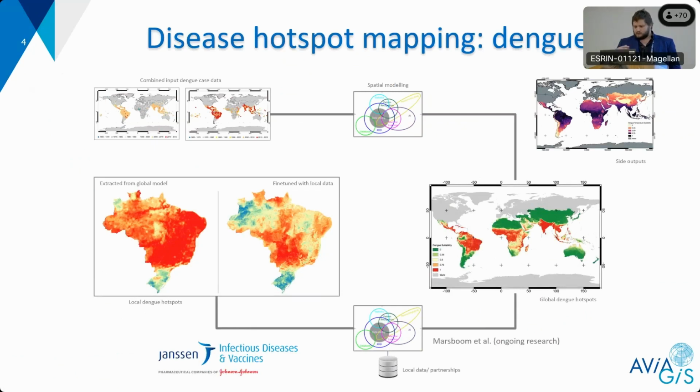We can do this at different scales, and that's where the spatial resolution of Earth observation becomes very important. You want to make sure that the resolution of your Earth observation matches your data. So if you have very local data, like the example of Brazil here, you want a higher resolution Earth observation product that will match the data you have.